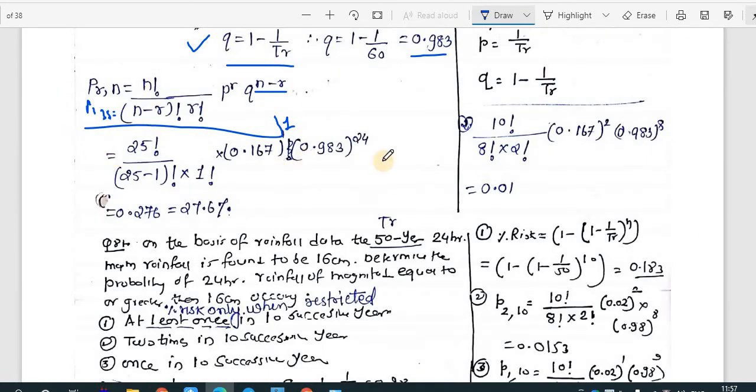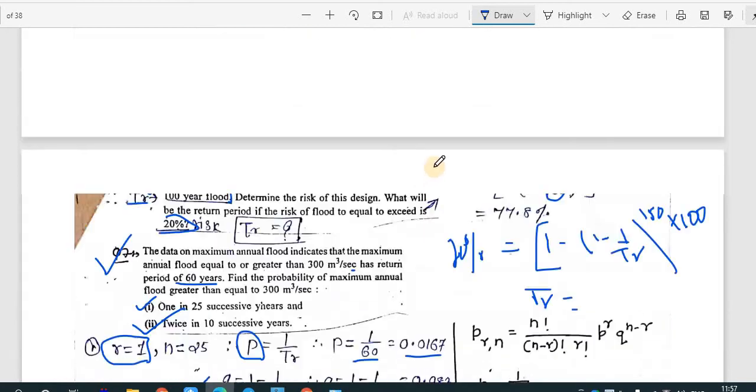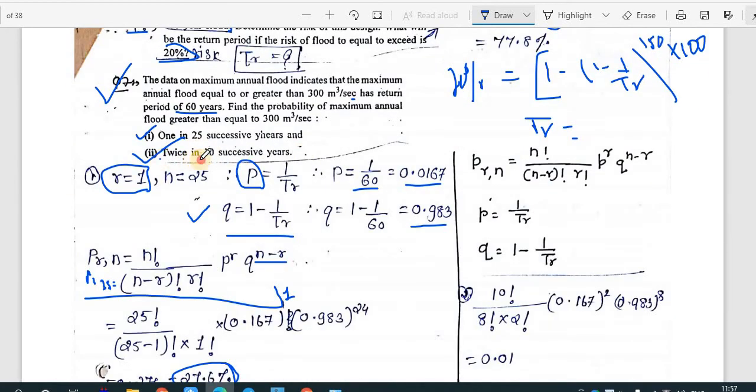After calculating this you will get the value of 0.276, which is nothing but 27.6 percent. Now in the second case, twice in 10 years, so the values will change over here.